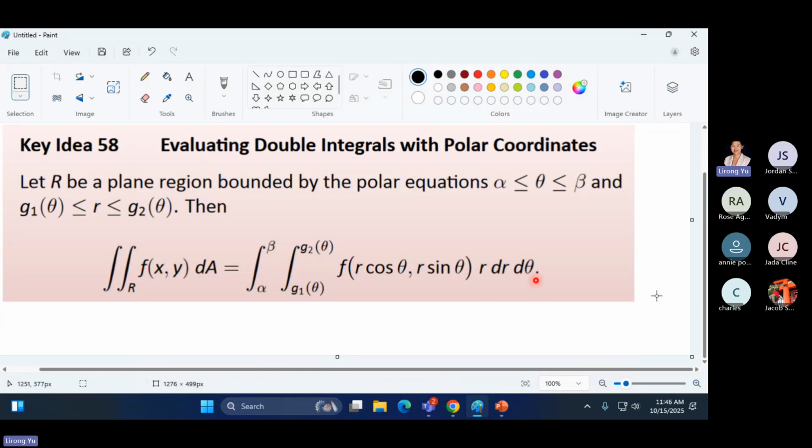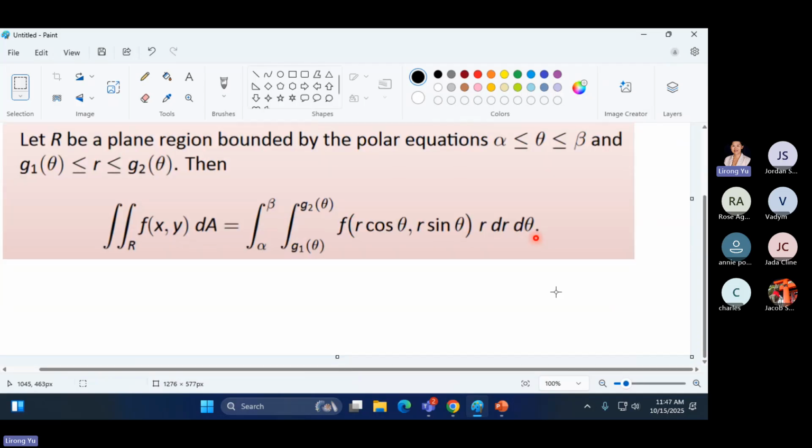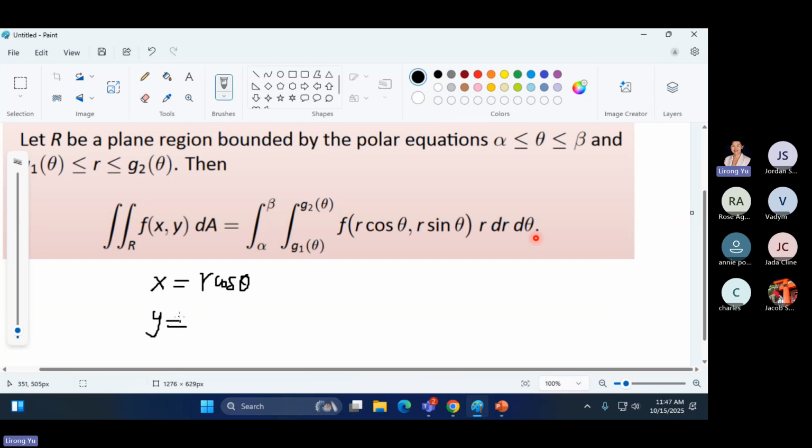There's another way to connect them or remember the reasoning here. That is, we have x equal to r cosine theta when we convert from variables x, y to variables r and theta. y equals r times sine theta.